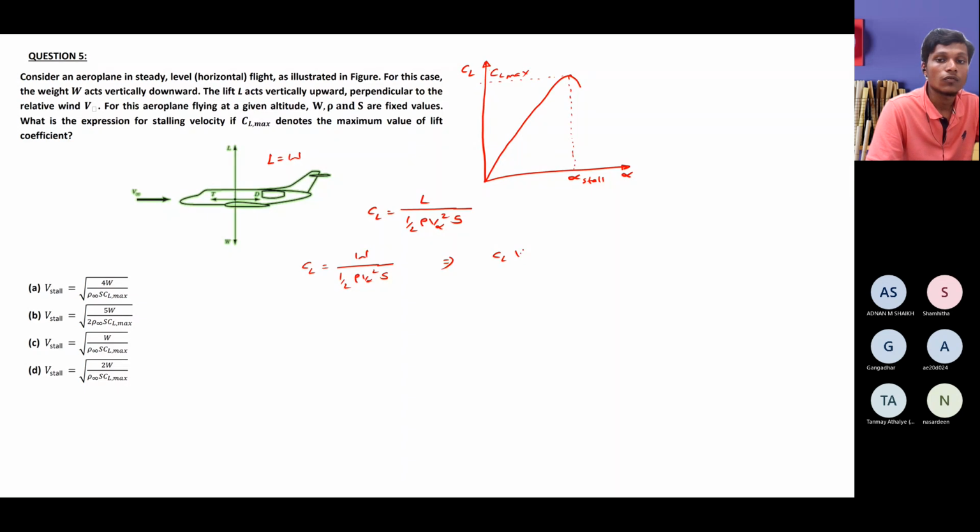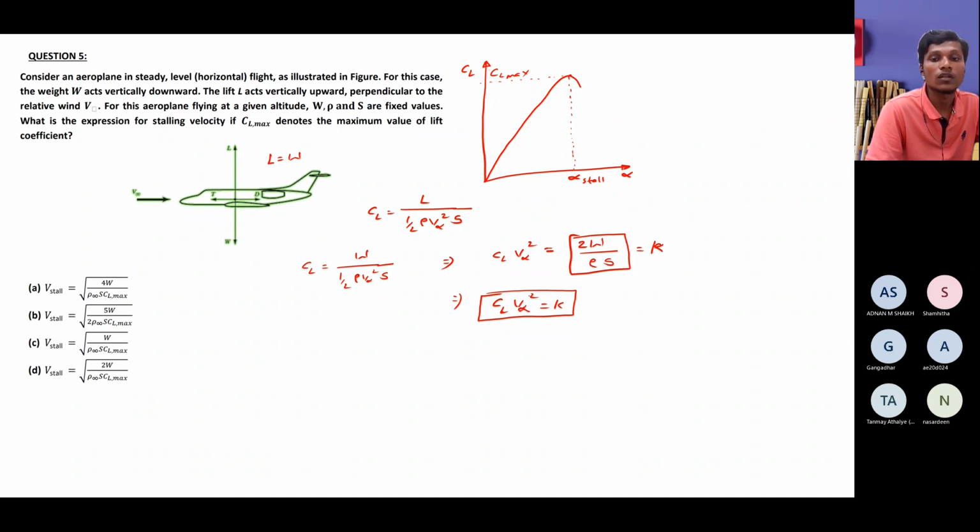CL times V infinity square equals 2W by rho S. This is all constant values, which I can write as some constant K. So CL V infinity square equals K. If you want to maintain steady level flight, your CL and V infinity can be variable.